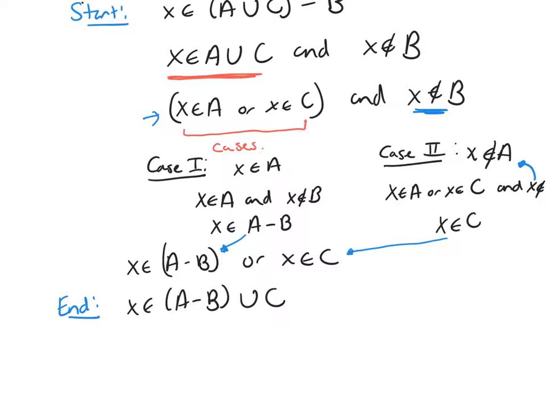It either needed to be in A minus B or it needed to be in C. I got that it was in C. So this is the rough outline of what the proof would be.